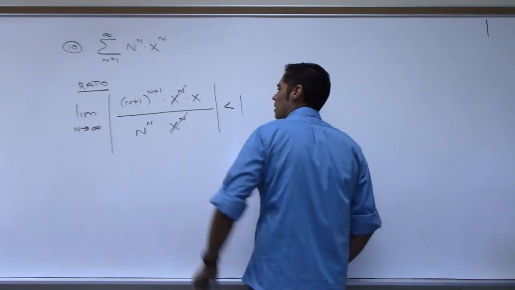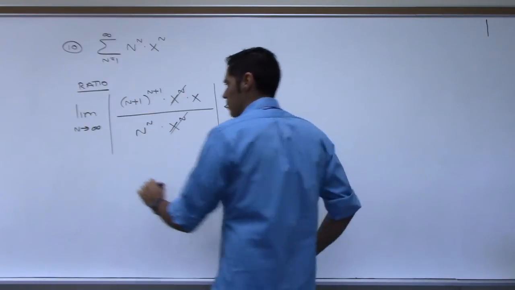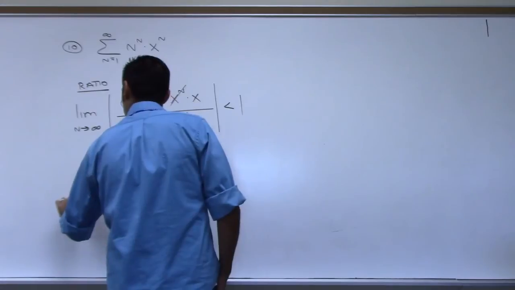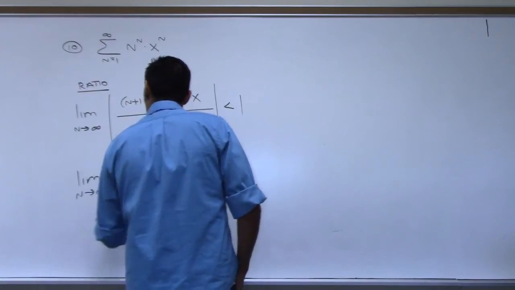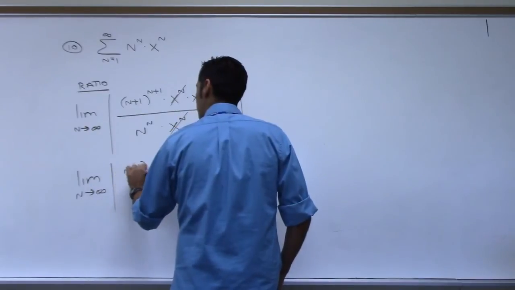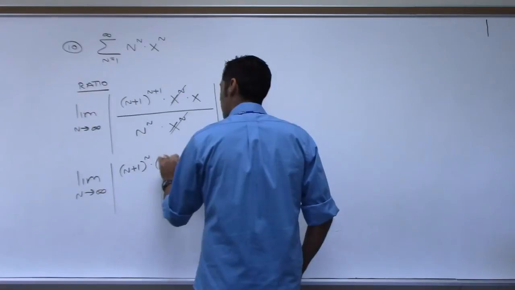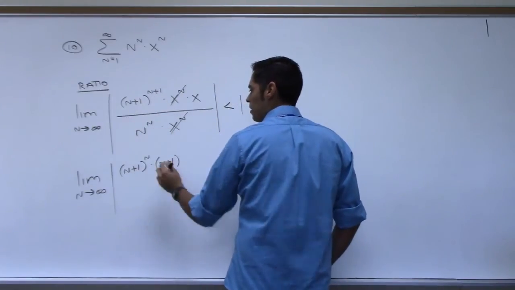These cancel. These don't cancel, but I can clean it up still a little bit. Limit as n goes to infinity. This top one here is n plus 1 to the n times n plus 1. So that's splitting that into two pieces.